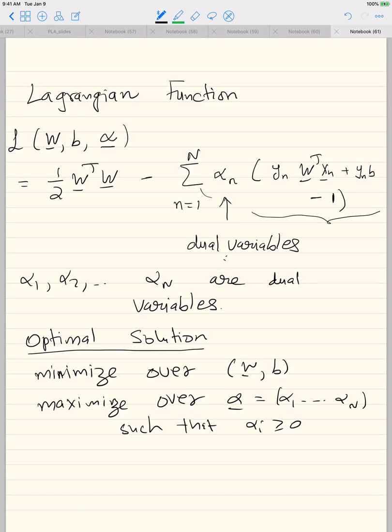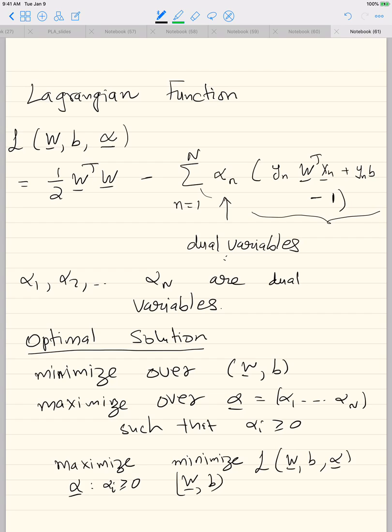So in other words, we can do the maximization with respect to alpha such that all the alpha i's are positive. We can minimize over the variables w and b L of w, b, and alpha.